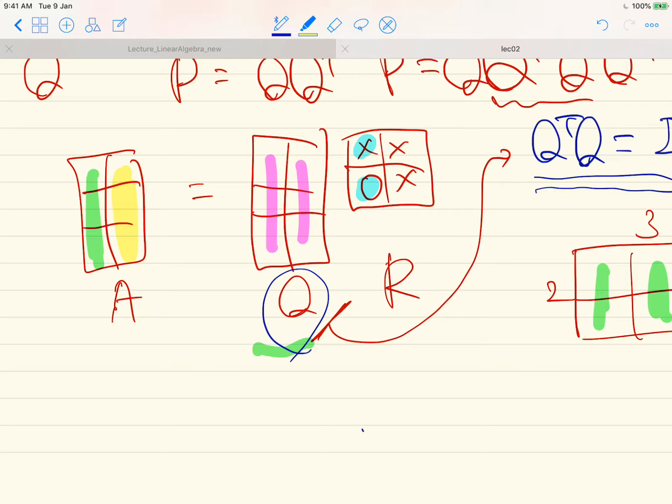Okay, let me give an example. Suppose A has the first column as (1, 1, 1), and the second column as (1, 0, 0). So let's do the Gram-Schmidt process. And then what is Q?